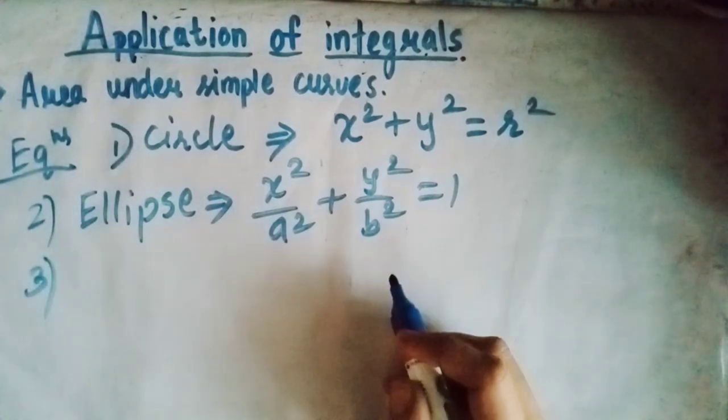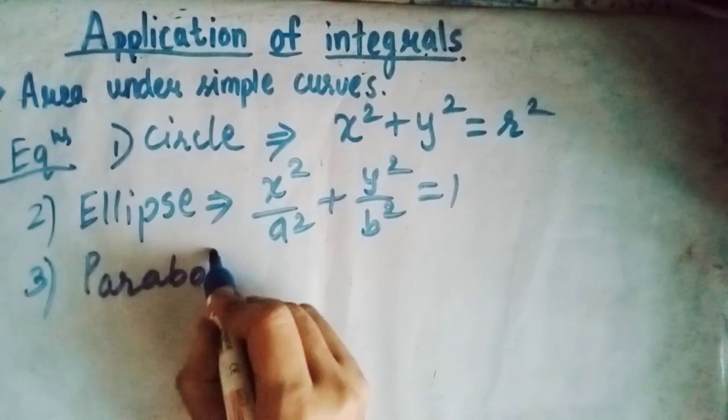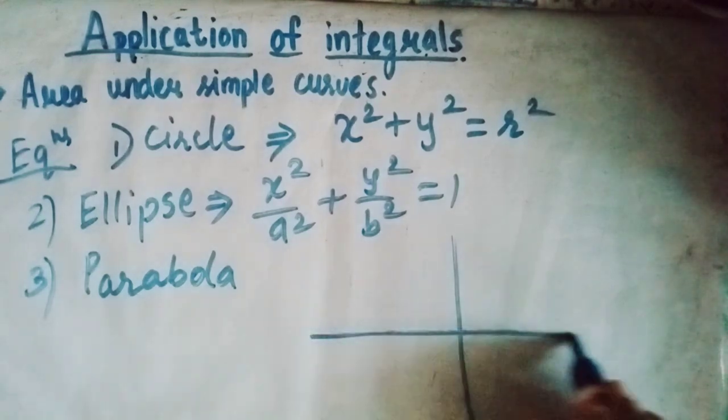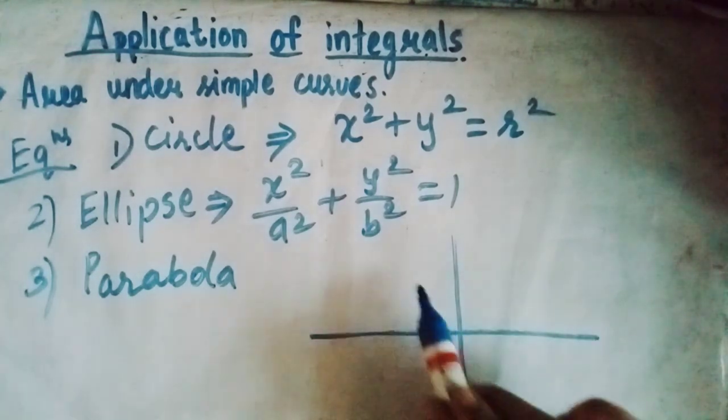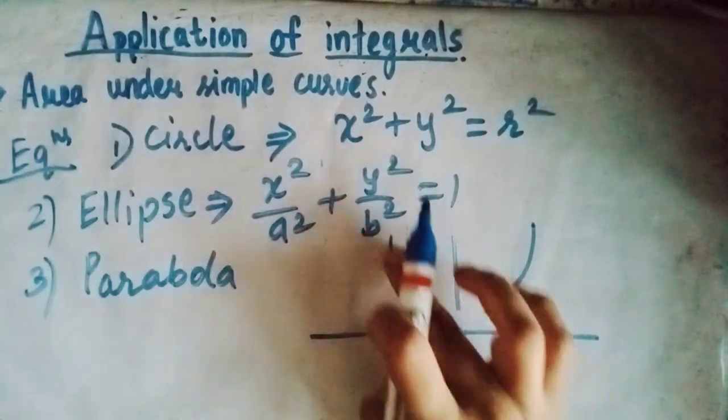Then we have the parabola. Parabolas are of 4 types. First one is upward, then we have downward.